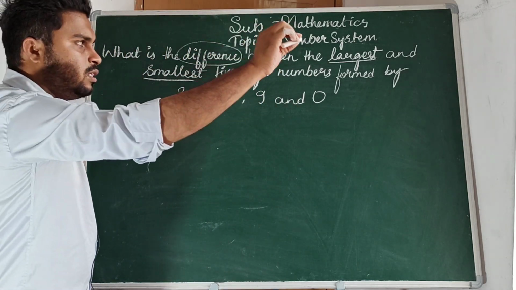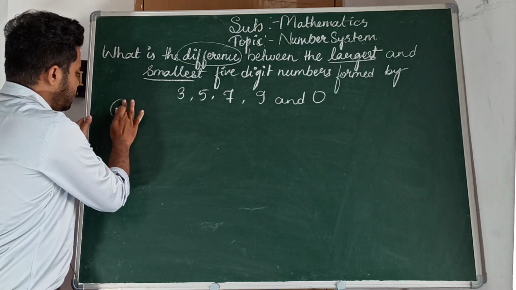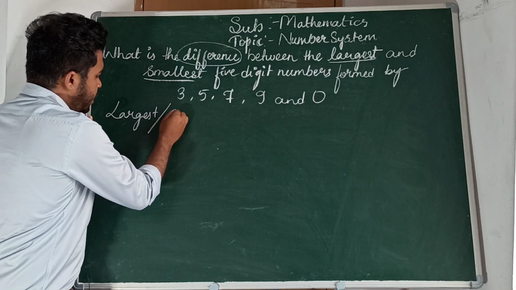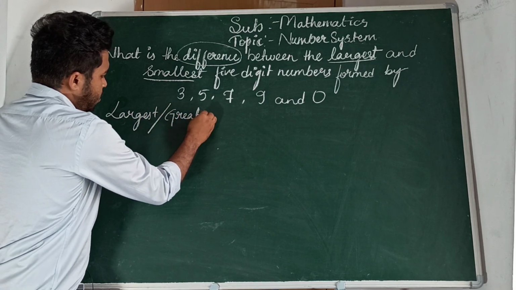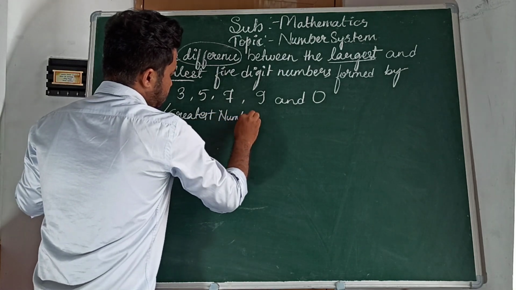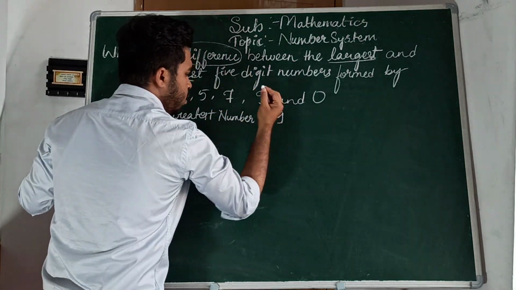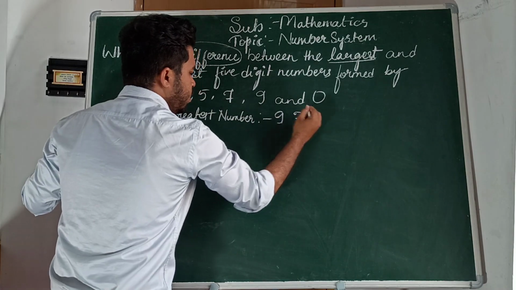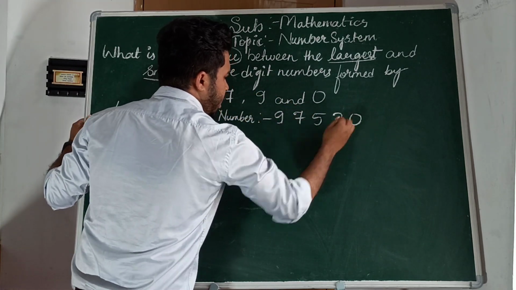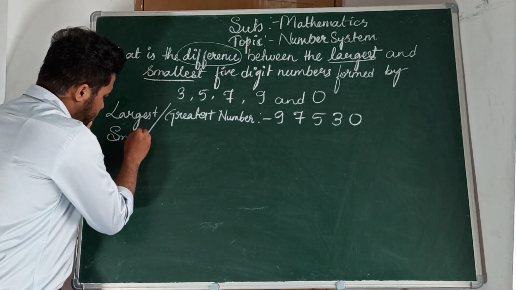First we'll find the largest. Largest is nothing but the greatest number. You can take it as largest itself, or you can take it as greatest number. Which is the greatest now? First 9, then 7, next 5, next 3 and 0. Now the smallest number you are going to find out.